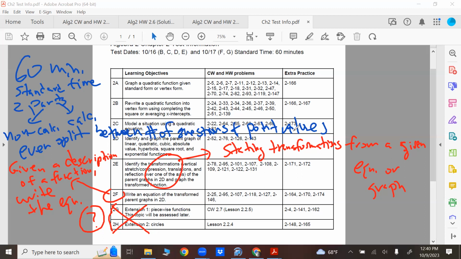In terms of what would be non-calc or calc, this clearly would be non-calc. Why would I give you a calculator to graph something? Right. Makes sense. Actually, can I erase the other stuff right now? The blue and red. Can I erase it? Yeah. Okay. So this would probably be non-calc.